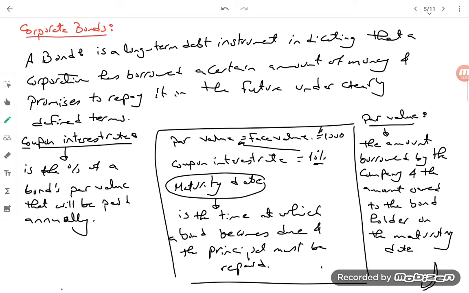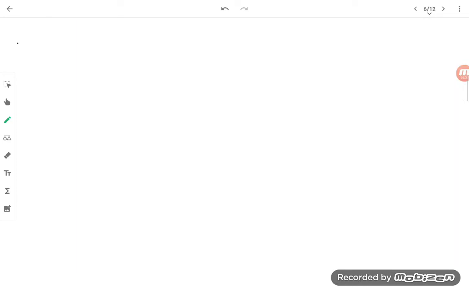So these are the main components of any bond: par value, interest rate or coupon interest rate, and maturity date. Cost of bonds to the issuer. In general, the longer the bond's maturity, the higher the interest rate.